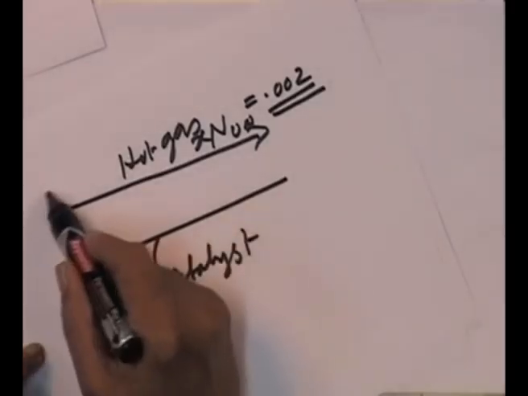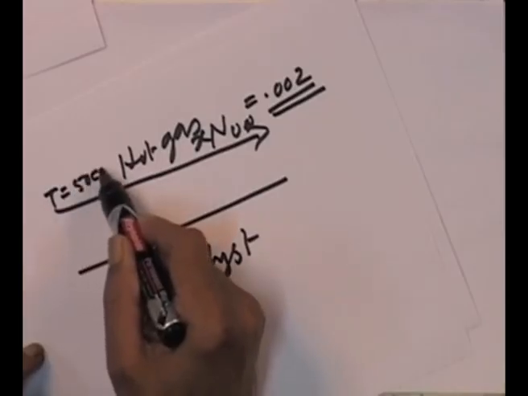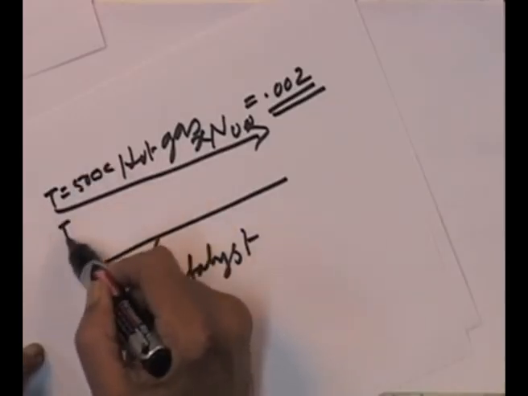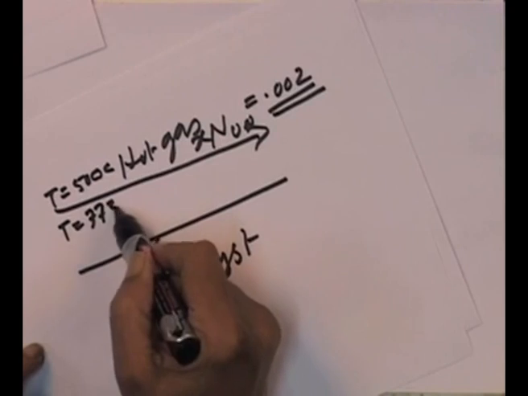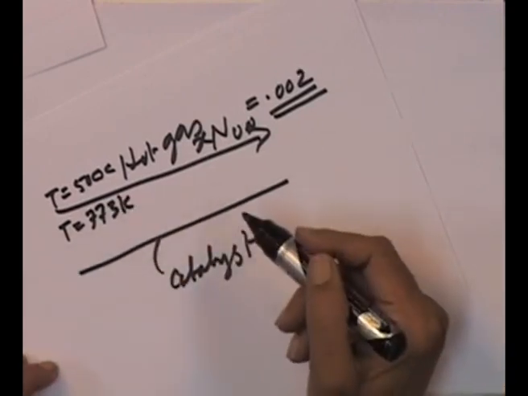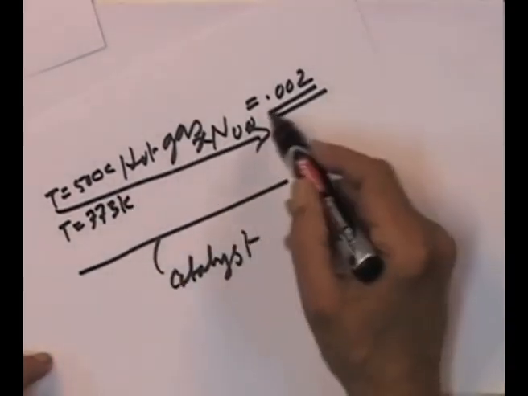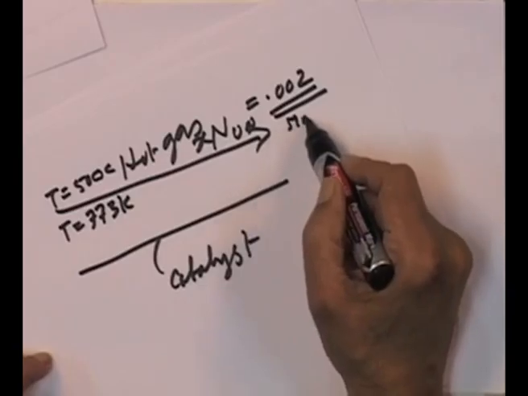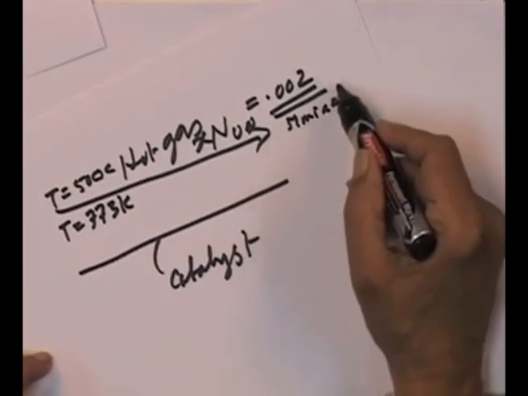The temperature here is 500 degrees centigrade, or T is equal to 773 Kelvin, and the mixture molecular weight in the infinity state is 30.